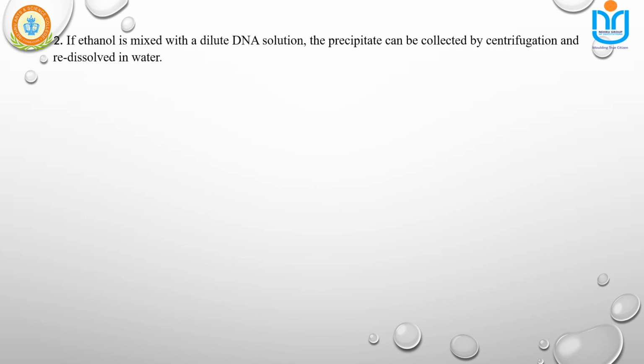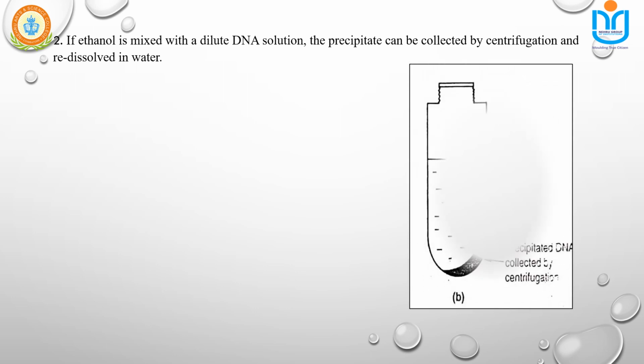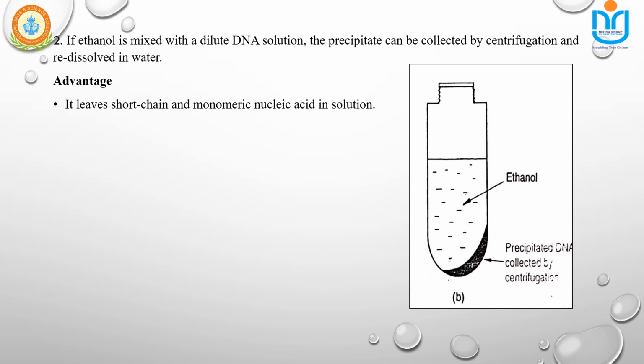If ethanol is mixed with dilute DNA solution, the precipitate can be collected by centrifugation and dissolved in water. Advantages: it leaves short chain and monomeric nucleic acid in solution. Ribonucleotides produced by ribonuclease treatment are lost.